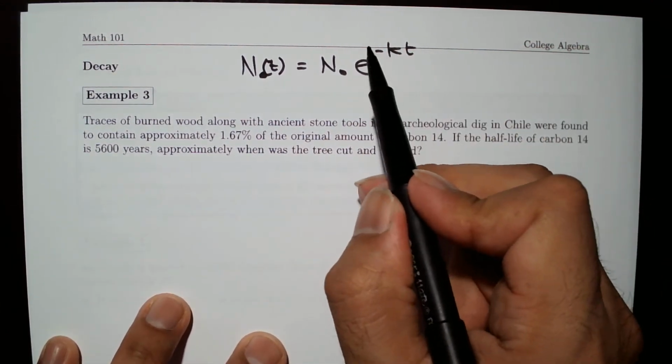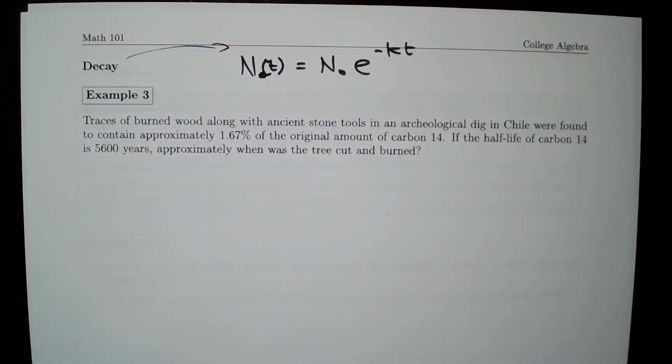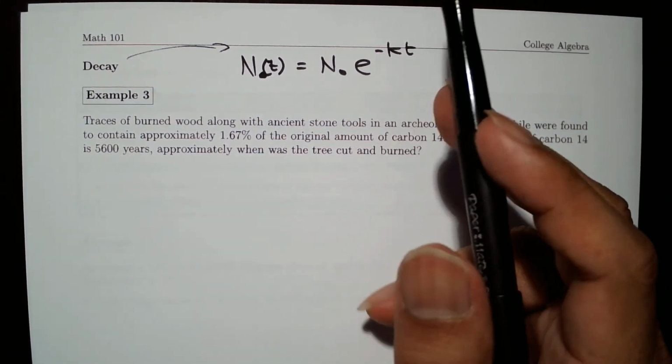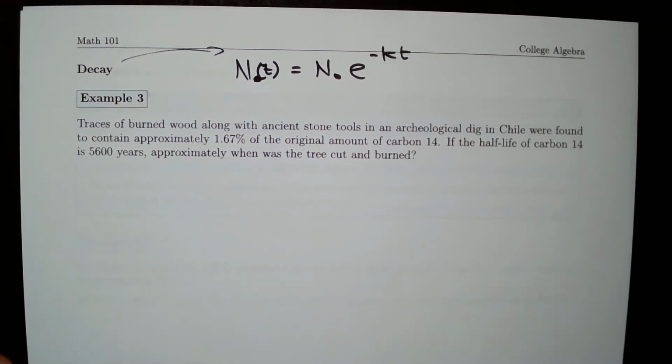So the sign of the exponent dictates whether this exponential model will model decay or growth. In this case, we are going to deal with a different situation now.